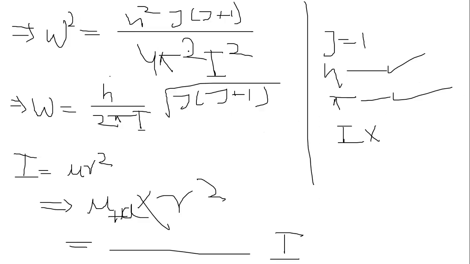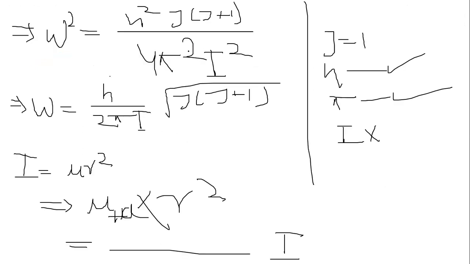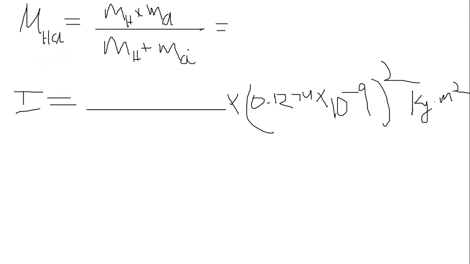So we know the values of mH and mCl. Then please put the values of hydrogen and chlorine mass and calculate what will be the value of moment of inertia I of HCl. I'll be waiting a few minutes for your answer.